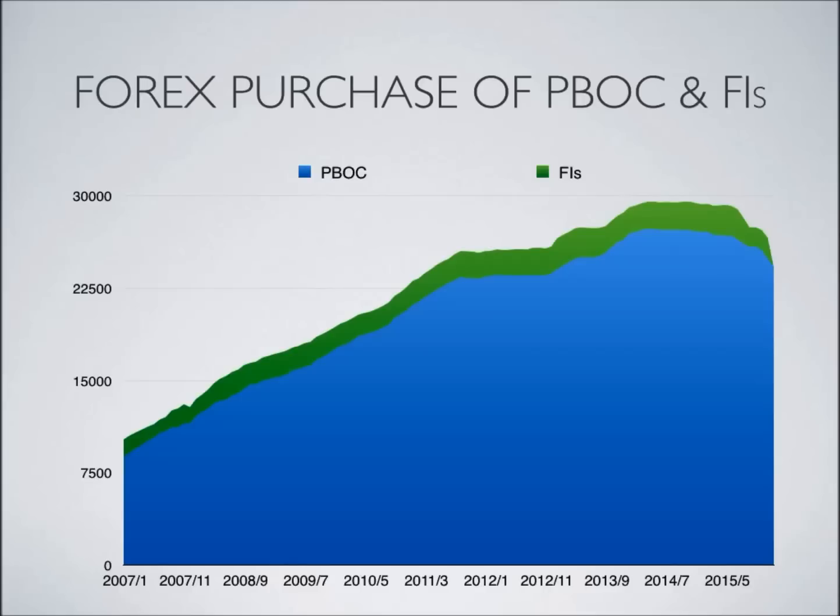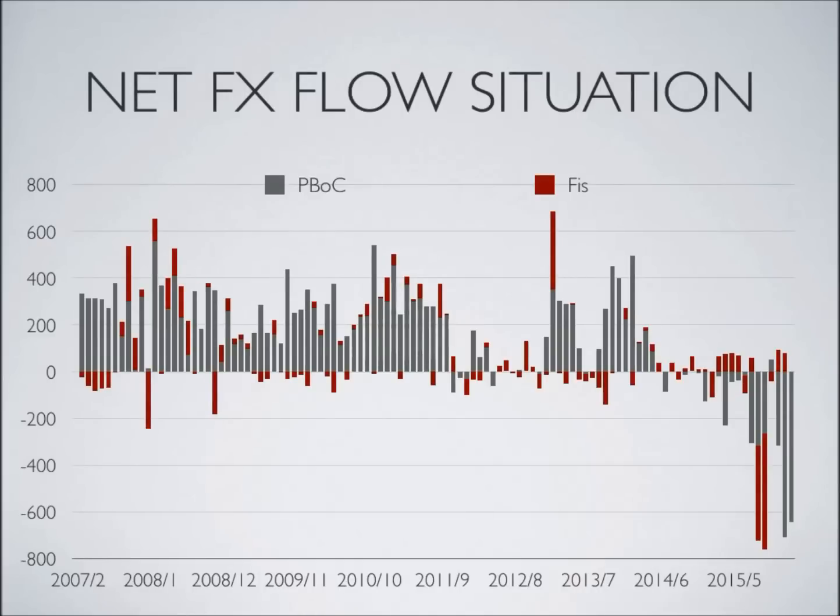But in terms of flow, there is a sizable difference here. In 2015, PBOC had a total Forex so-called outflow of 360 billion US dollars, whereas financial institutions had an outflow of around 100 billion US dollars. So in terms of flow, financial institutions do have an impact.